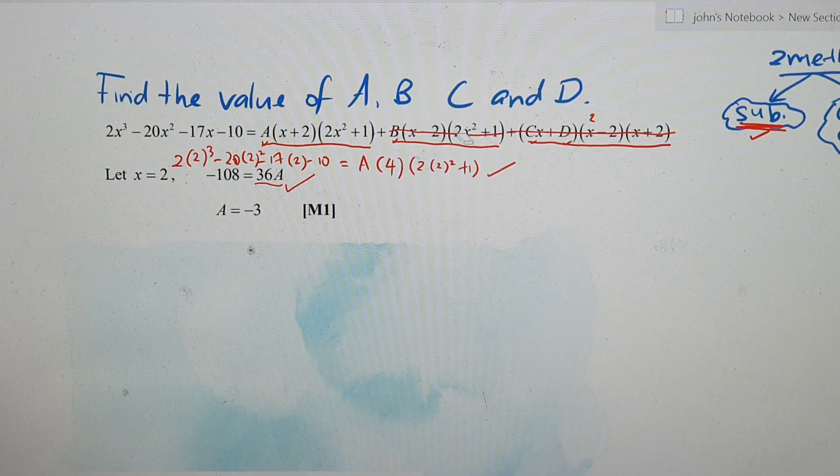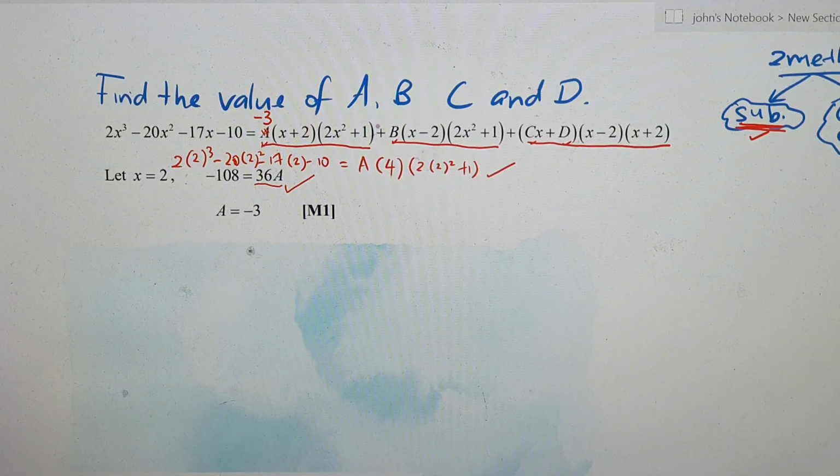Now, after you have found this A value, are you able to move on to find the rest? Okay, meaning to say now A, I know that it's minus 3 already. I don't call it A anymore. Alright, so your job now is to find B and C and D. Okay, just now we let x be equal to 2, right?